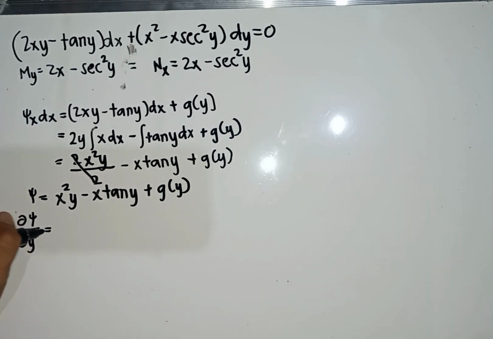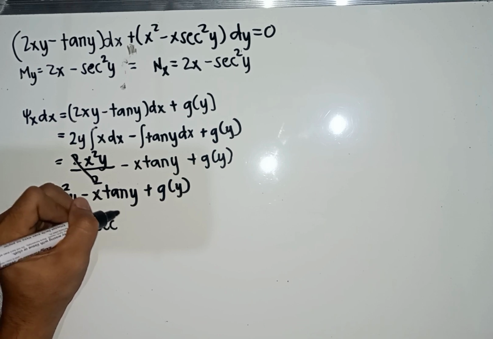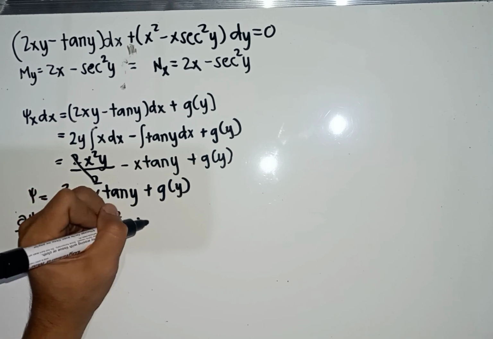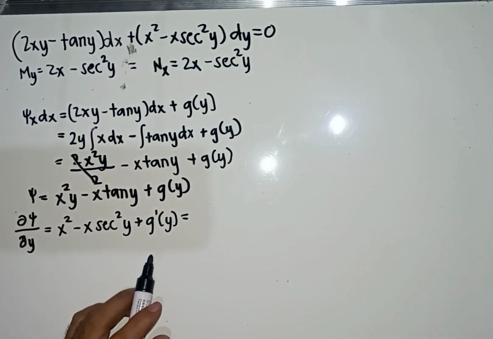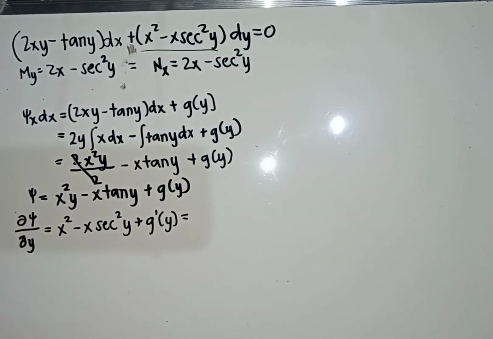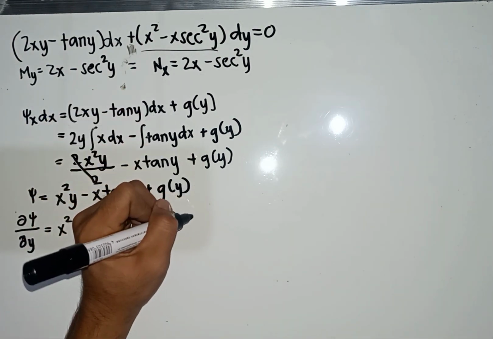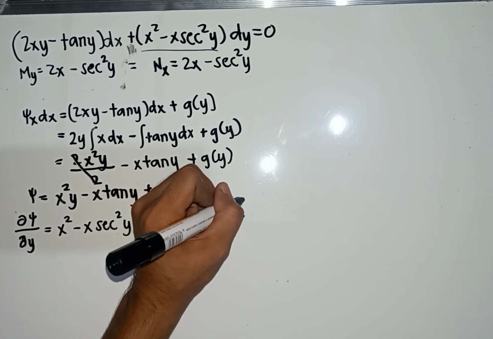This will become the derivative of x squared y, which is x squared, minus the derivative of x tangent of y, which is x secant squared of y, plus g prime of y is equal to, we're gonna add the N value here, so we have x squared minus x secant squared y.